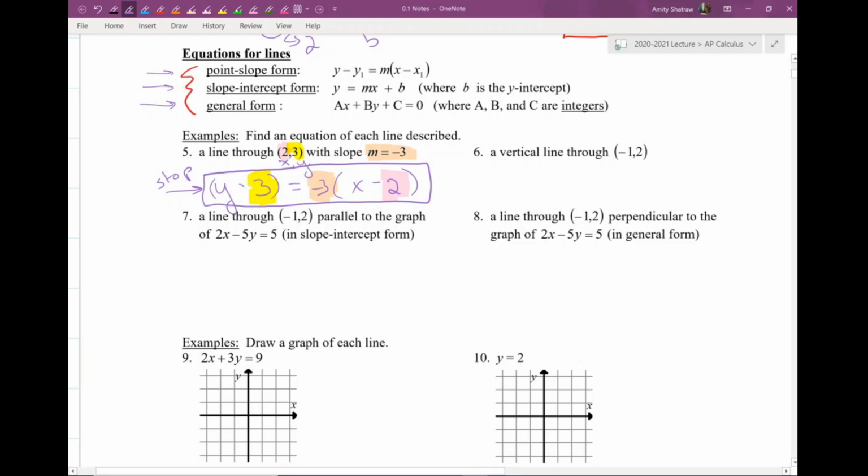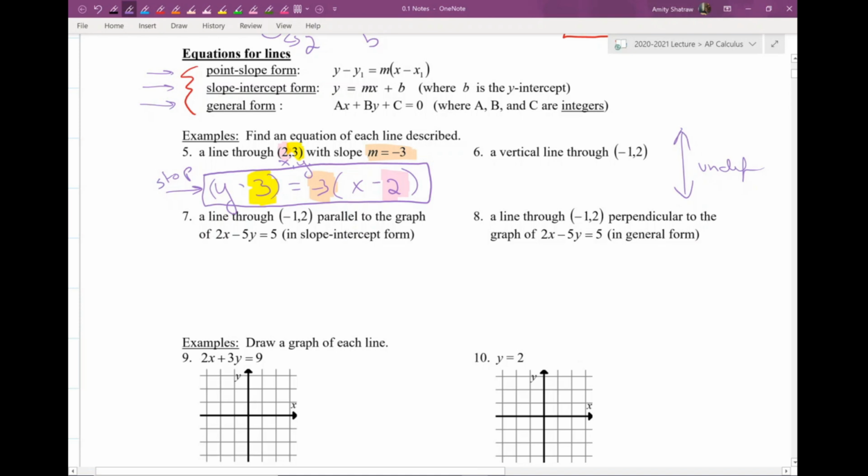Now in our freestyle, we talked about a vertical line through -1, 2, and I'd like you to pause for a minute and try it because hopefully the more you practice, the better at it you'll get. Okay, great. A vertical line has an undefined slope, and that means that we have been dividing by 0, which means that the change in x values is 0.